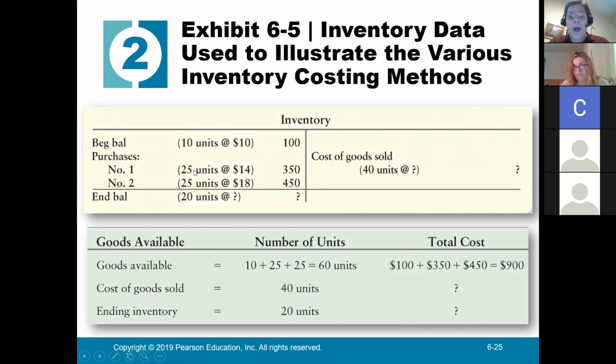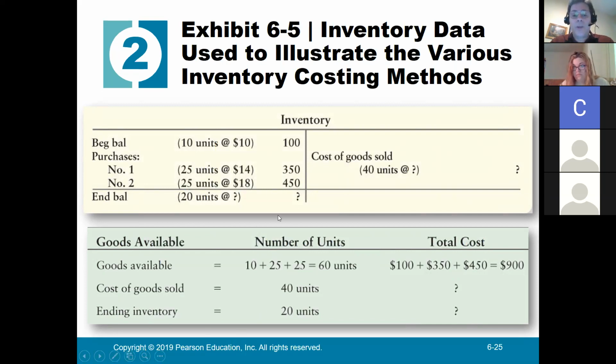I would have preferred them put by date rather than number 1 and 2, but that's okay. We know that this one was purchased before this one. So this one was at $14, this was $18. This is one of those examples of the cost changing dramatically. Pretty unusual, but of course they want to illustrate the point.